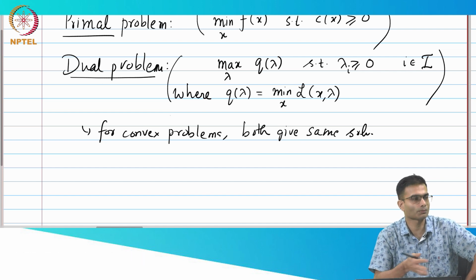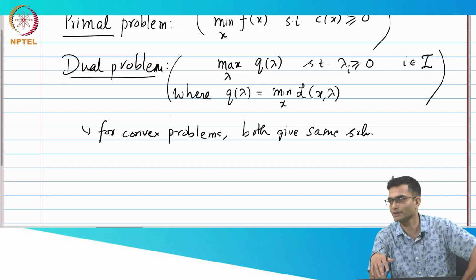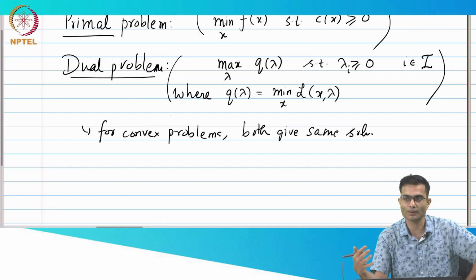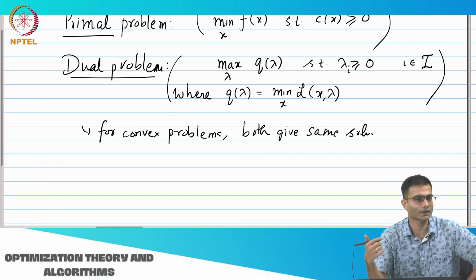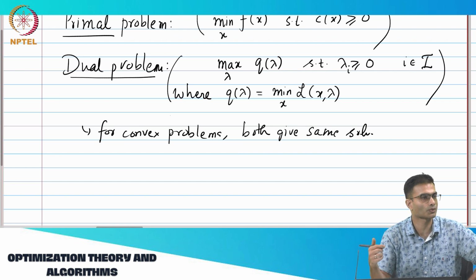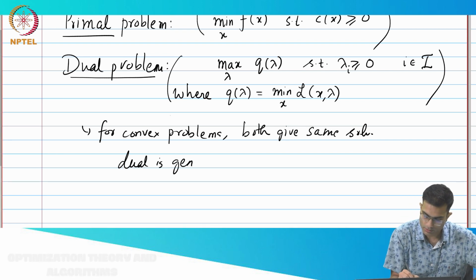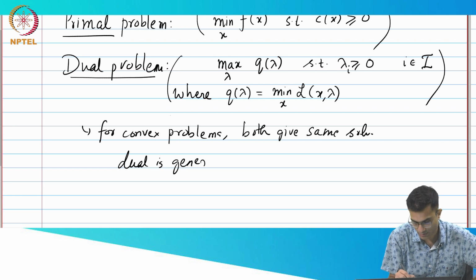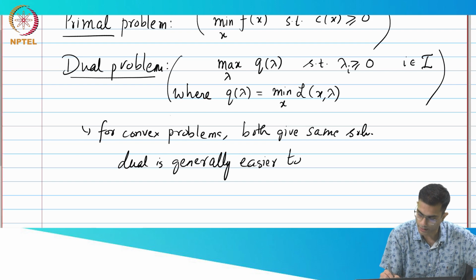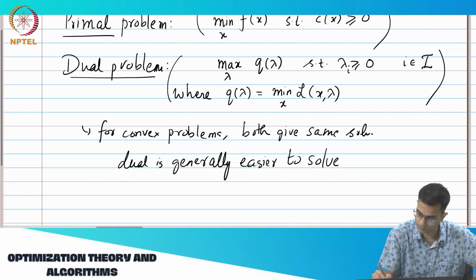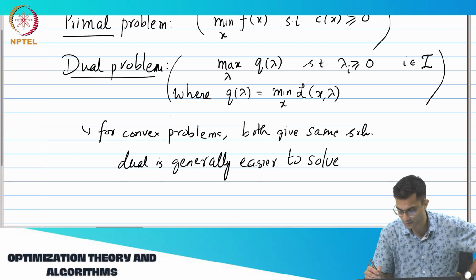In our toy problem, both were just the same difficulty, so you can't see it. But when you come to more complicated problems, you will find that the dual problem is often much simpler to solve. So I'll make a qualified statement: dual is generally easier to solve, and in subsequent lectures we'll talk about why it is easier to solve.